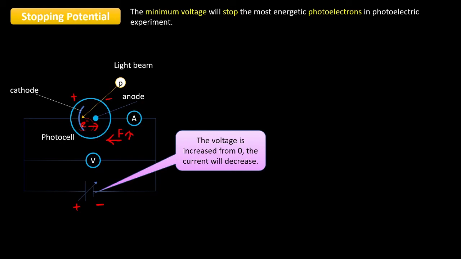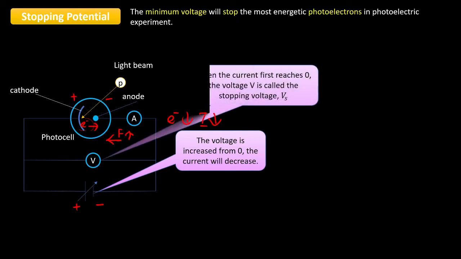Thus, fewer and fewer photoelectrons will reach the anode, and if the electrons reaching the anode decrease, then the current will also decrease.